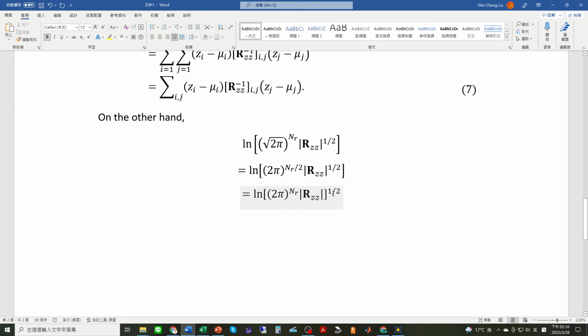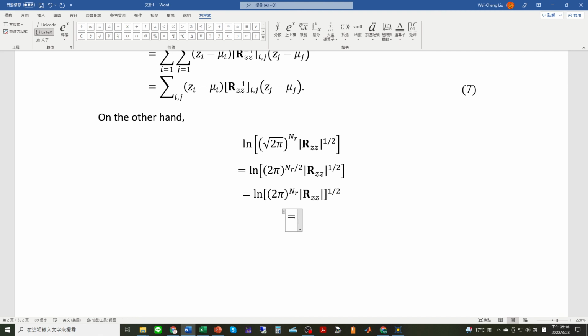So I move the power 1/2 out of the bracket, and according to a property of the natural log, we can move 1/2 in front of the natural log. So let me write this 1/2 and the natural log, and natural log this term.